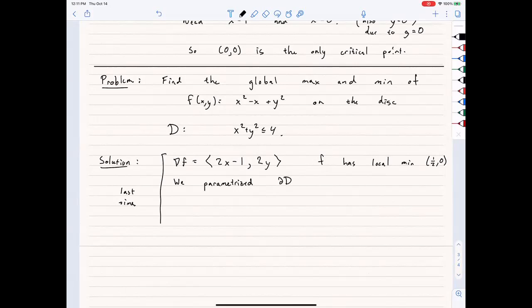On the boundary of D, we found 2 points: (2, 0), which is the point r of 0, and (-2, 0), where the values of f were 2 and 6. Oops, 6 at (-2, 0).